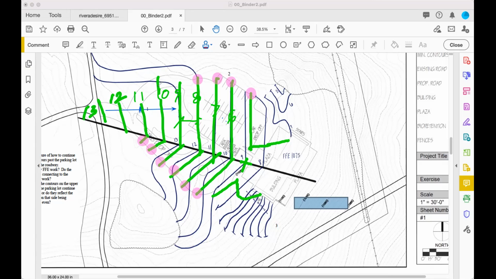So 10 would be there, 7 would be there. Those are where I need to connect back. Now 13 doesn't need to move.